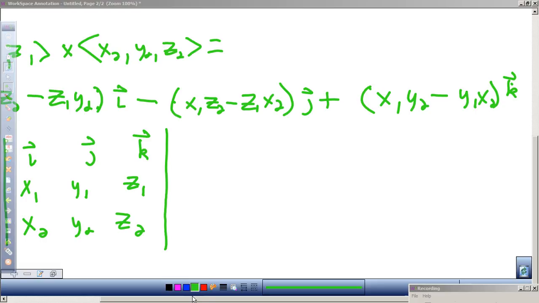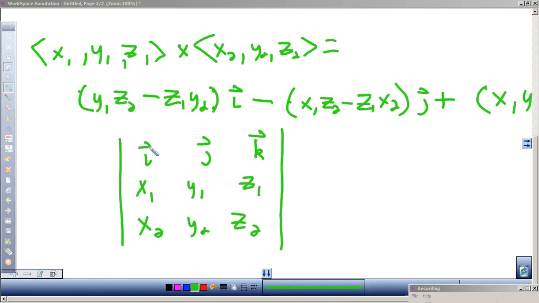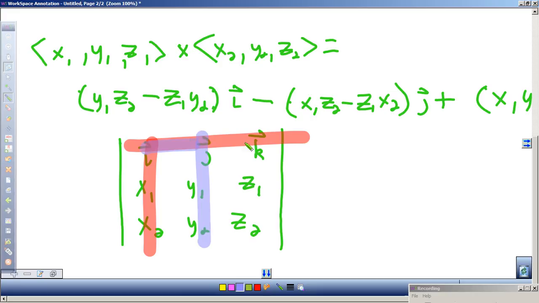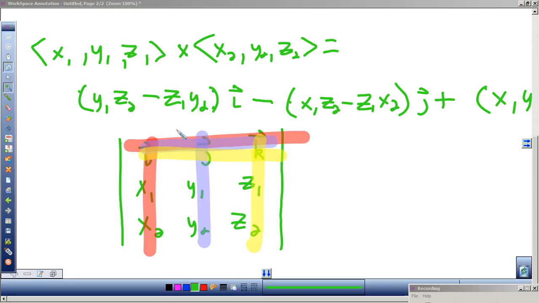Remember, when we did the determinant with this method, we crossed out that row and column and said i, the first number here, times the determinant of y1, z1, y2, z2, which is y1 z2 minus y2 z1, and then we went over to the next one and did the same thing, so it's j times x1 z2 minus x2 z1, and so on. That look familiar?